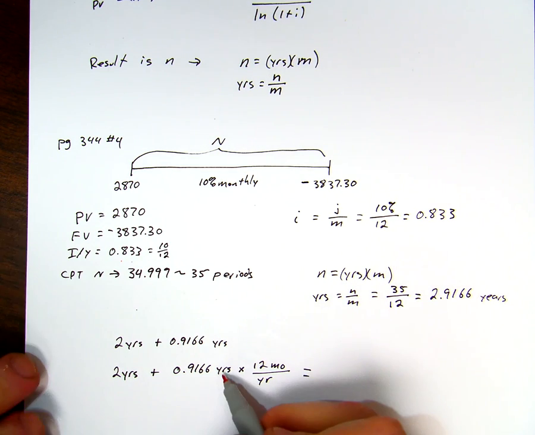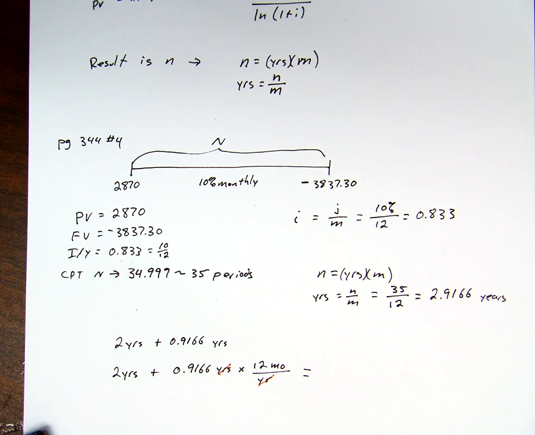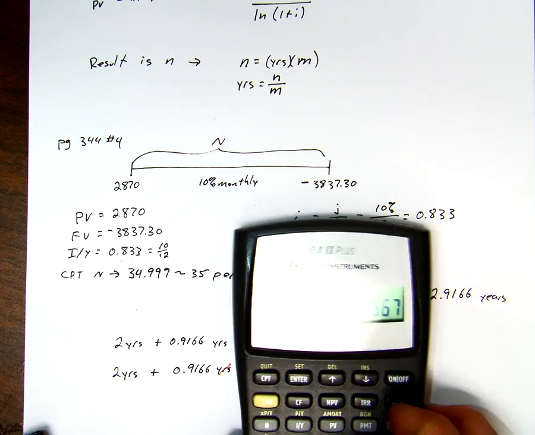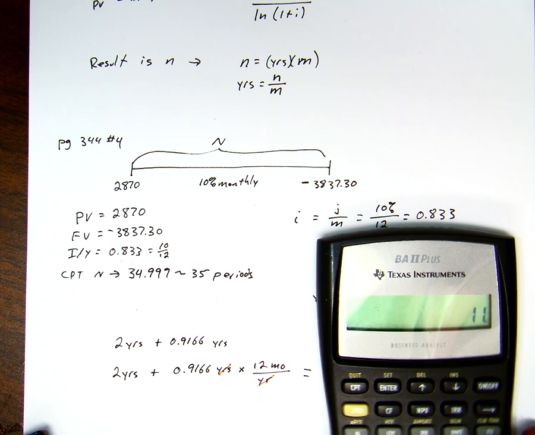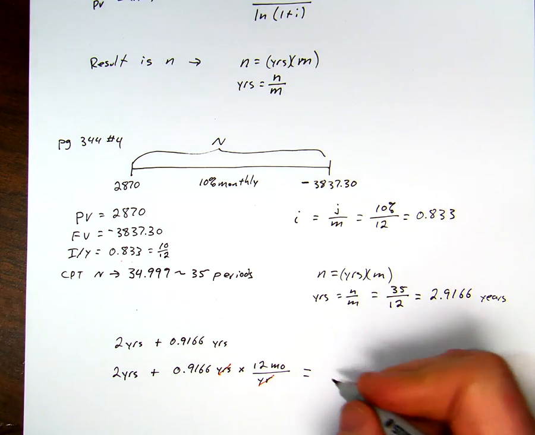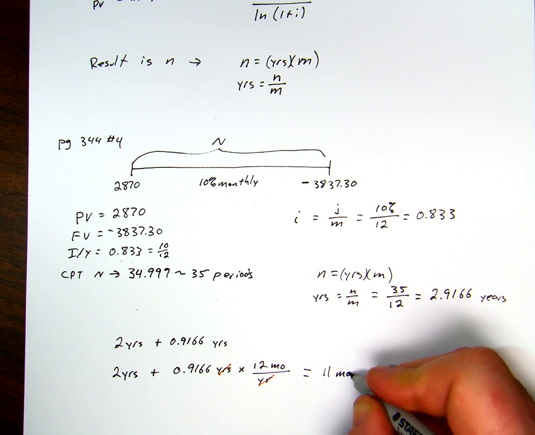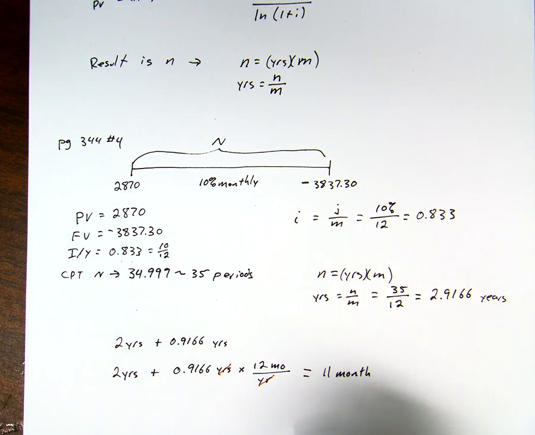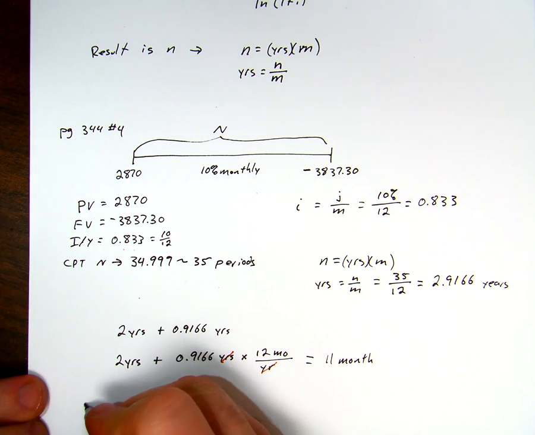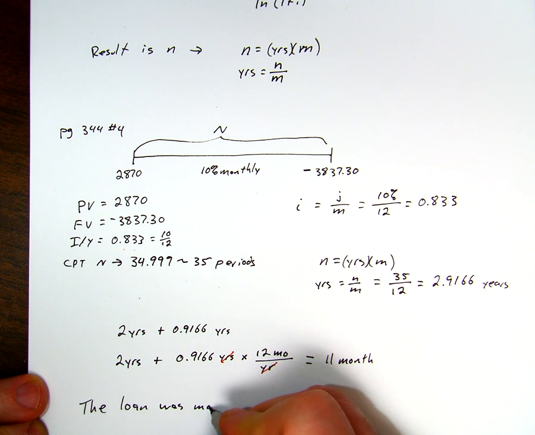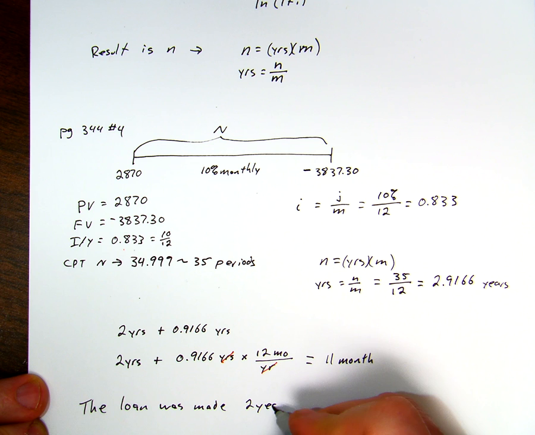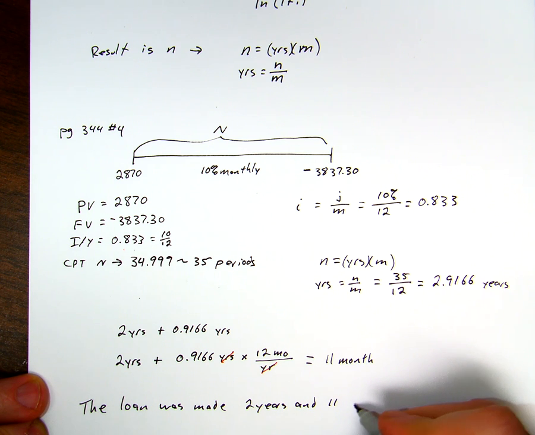The year cancels out, and we had 2.9166; we subtract off the 2, so we have 0.916667 times 12. That's exactly 11 months. So looking at the problem, the loan was made two years and 11 months ago.